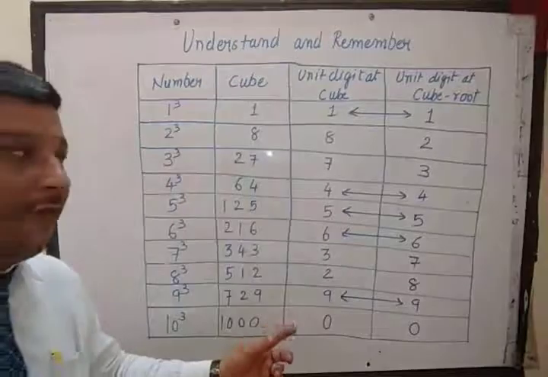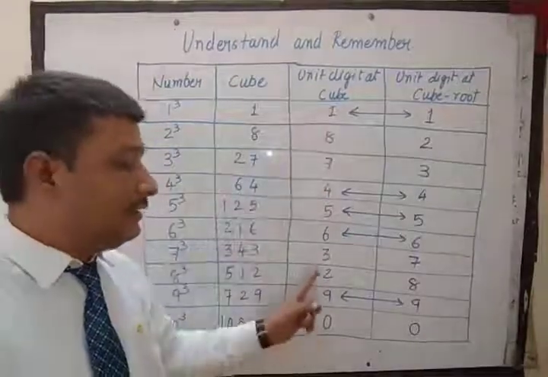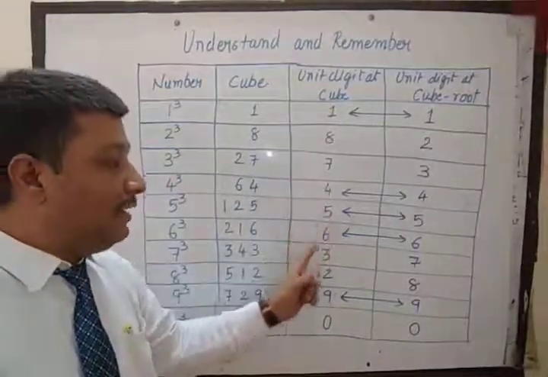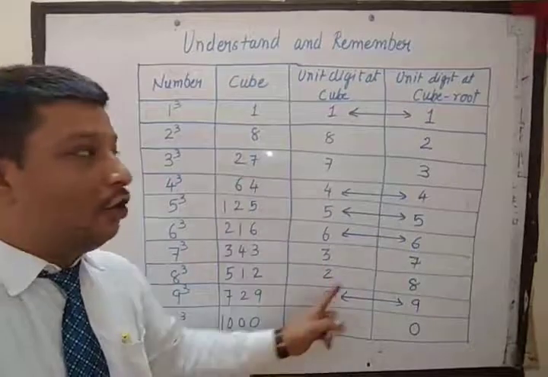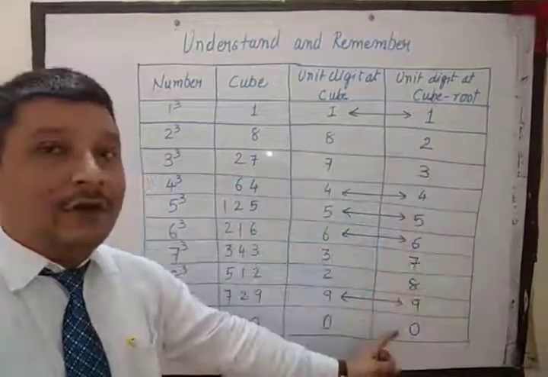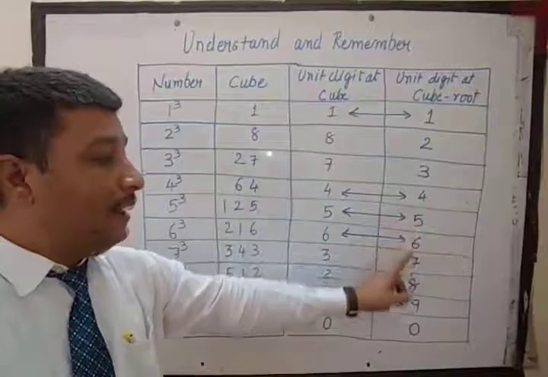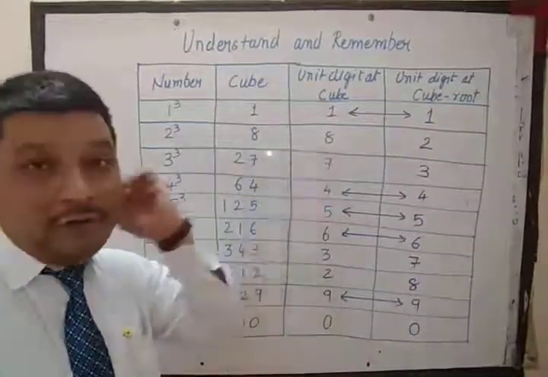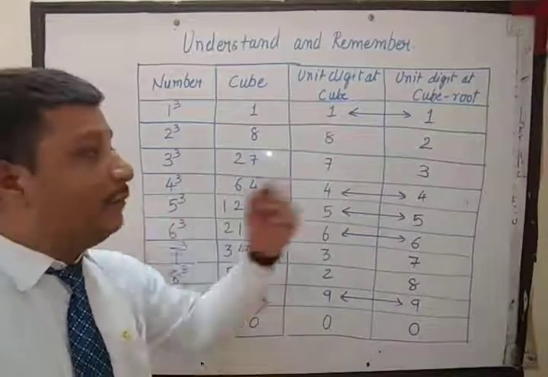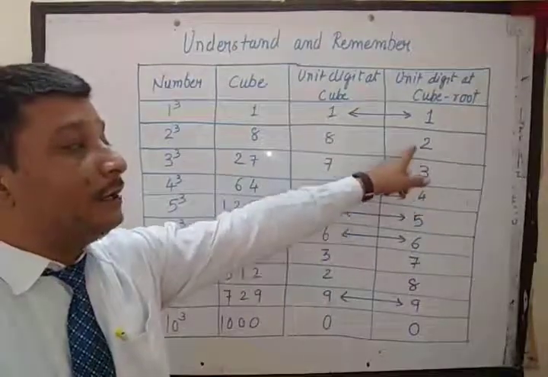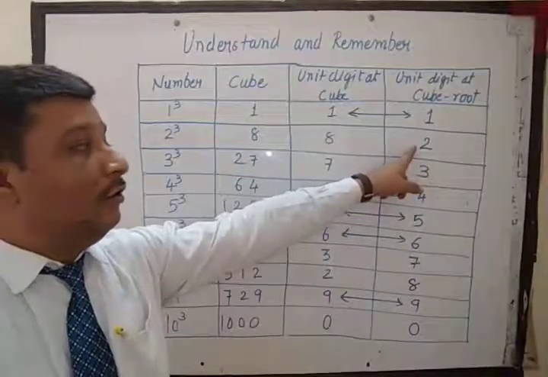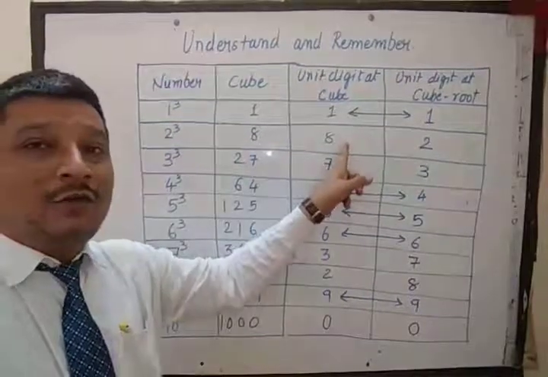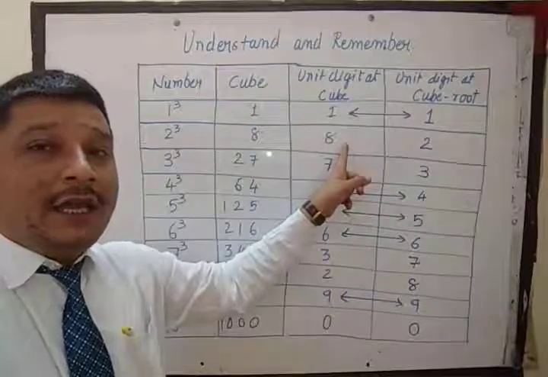If a number is having unit place digit 1, 4, 5, 6, 9, the cube root unit place digit will also be 1, 4, 5, 6 and 9 only, respectively. But for 8 and 7, suppose 2 is the unit place of the cube root, then the cube unit place digit will be 8.